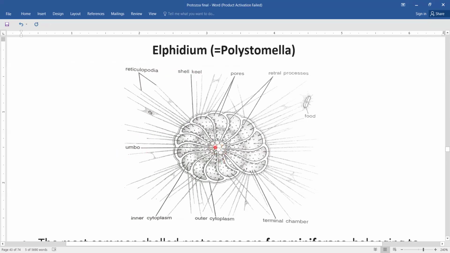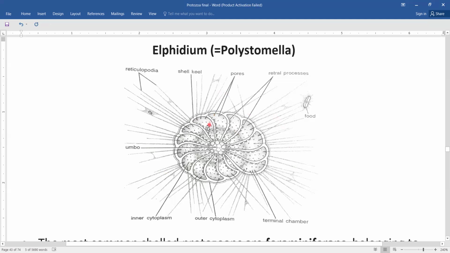In the middle of the shell, there is a rounded elevated structure called umbo. Okay, and if you observe these shells, there are many pores, through which the pseudopodia emerge. The pseudopodia are nothing but the cytoplasm.